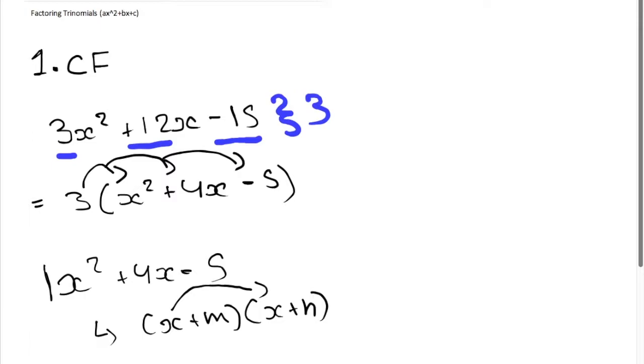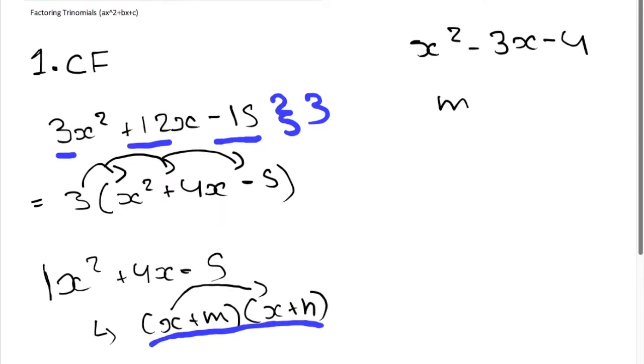So say for example you wanted to factor x squared minus 3x minus 4. Well, how would you go about factoring this? Looking at the general equation for a simple trinomial, you have to think of two numbers, let's say m and n, that equal b.